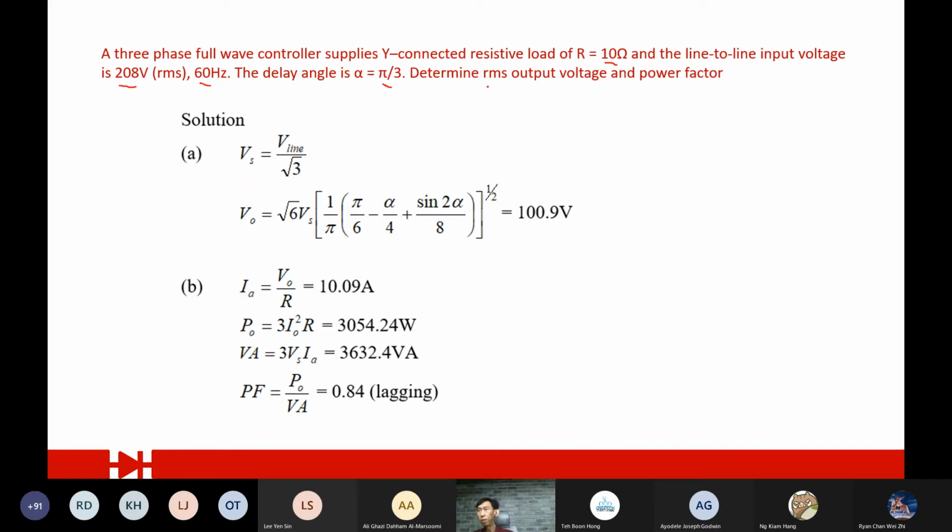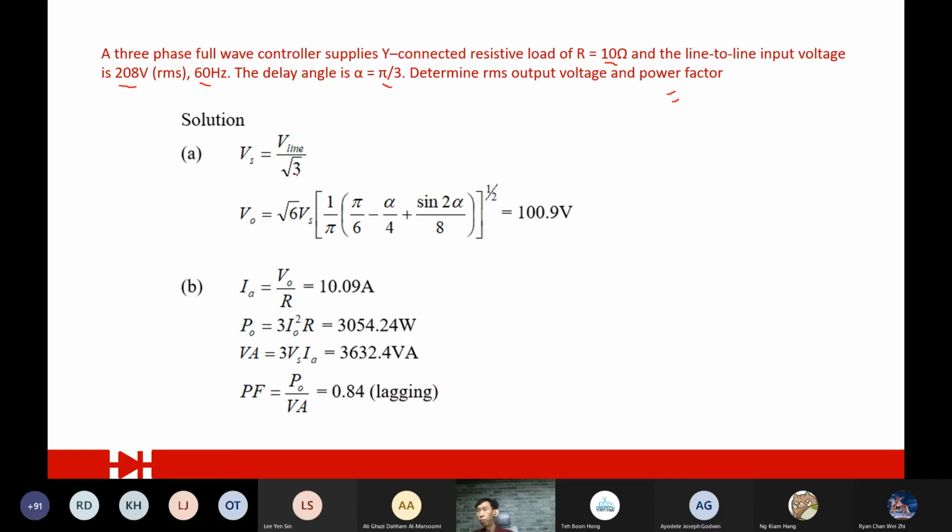Determine the RMS output voltage and the power factor. So first of all, we need to find the phase voltage. You must know that you have to divide the line voltage by square root of 3.